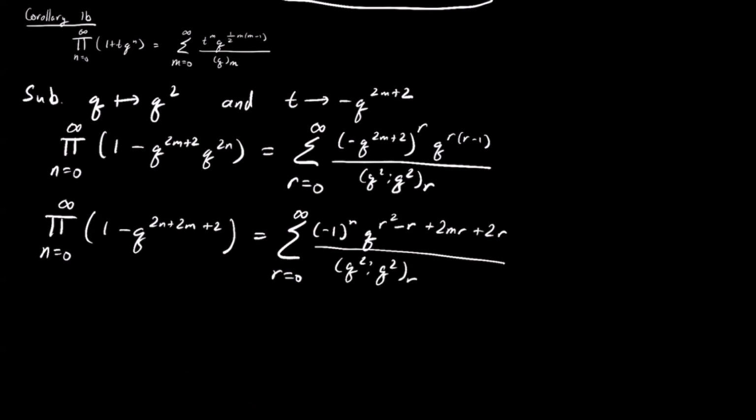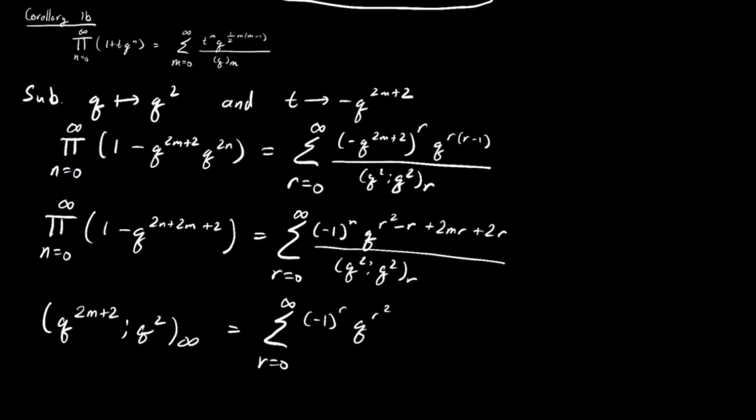Okay, so let's clean this up just a little bit. On the left-hand side, we notice one way to rewrite this is to use our q Pochhammer symbol. We can write this left-hand side as q to the 2m plus 2 q squared sub infinity. And on the right-hand side, I can just clean up the exponent a little bit. This is going to be the sum, r goes from 0 to infinity, of -1 to the r, and this is going to be q to the r squared plus 2rm plus r.